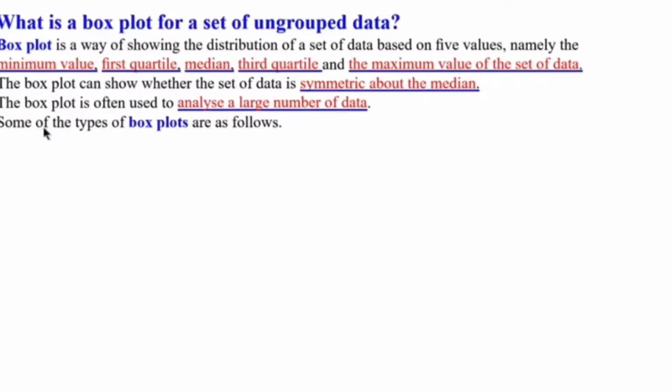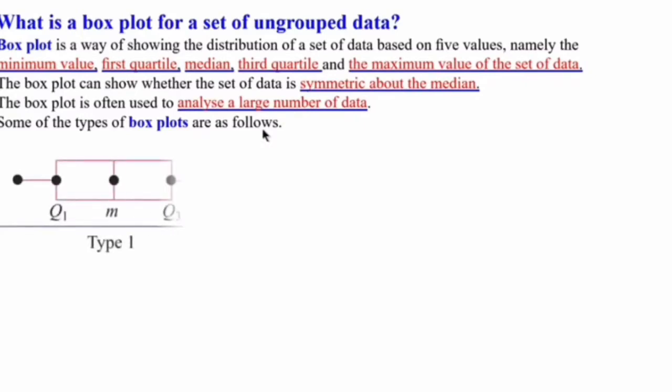So some of the types of the box plots are as follows. Basically there are 3 types of box plot. First type, you will notice that the difference between the median and the first quartile is equal to the difference between third quartile and the median. That means the median is at the midpoint of Q1 and Q3.